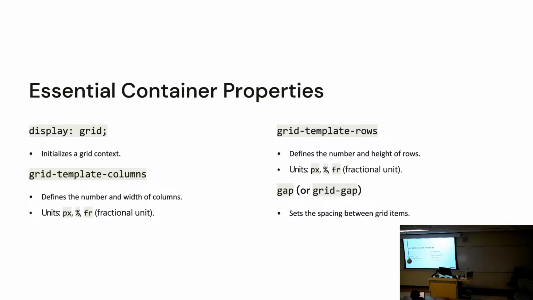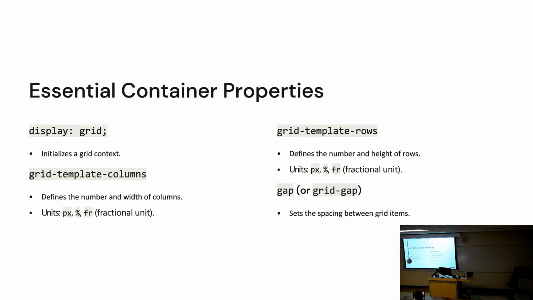We define our columns, not our rows. Sorry, but rows would work the same way: 1 FR, 2 FR, 1 FR, saying we're going to have one that's twice as big as the other.